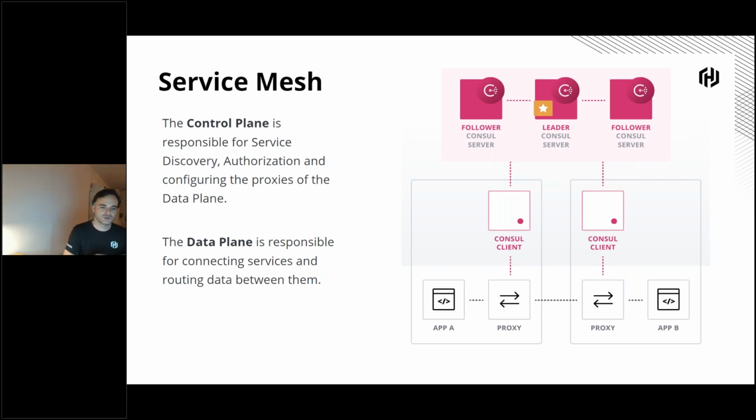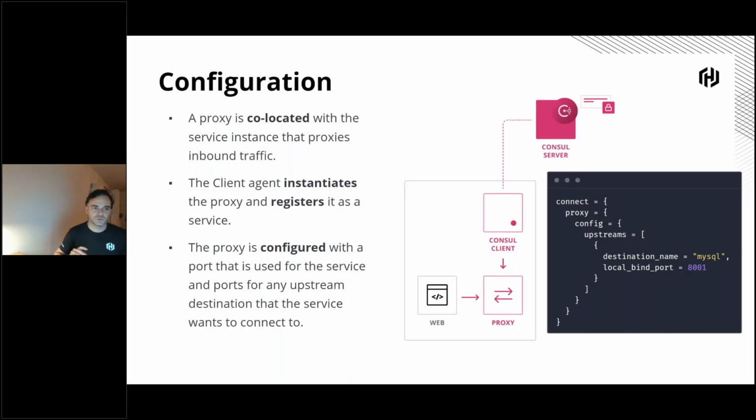So actually making sure that the packets from app A end up at app B. So how does this work in detail? So we have the Consul server, which is the control plane, and on each of the machines we have the Consul clients. And then the Consul client will actually start up the sidecar proxy for us and configure it. But to do that, we must first register our service.